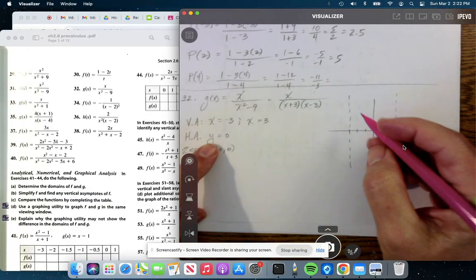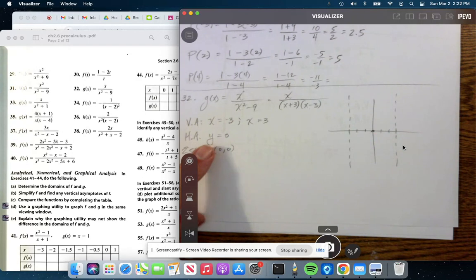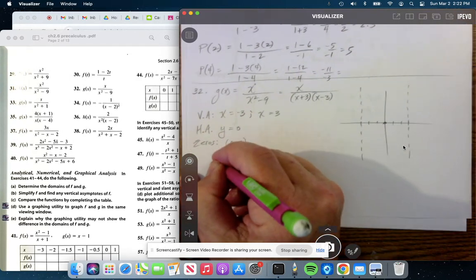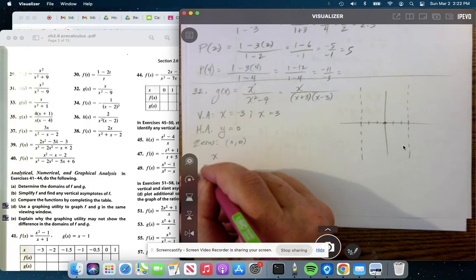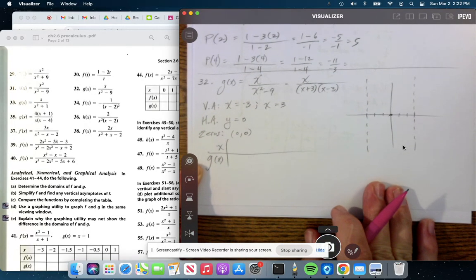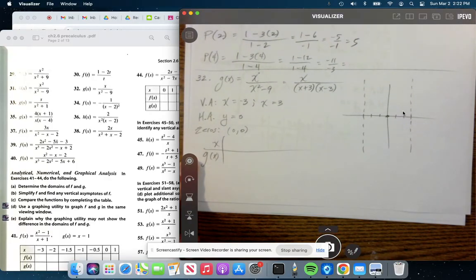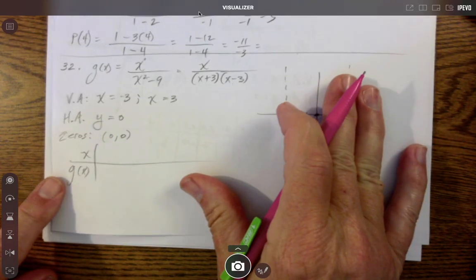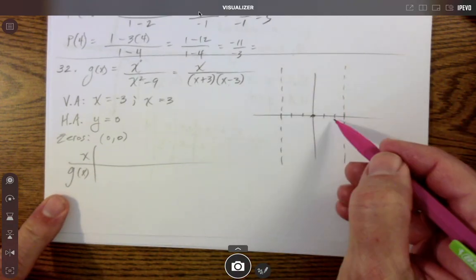So when I plug 0 in, I know I get 0. So that's on the graph. Let's see what's going on in here.